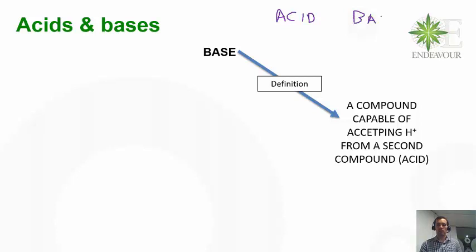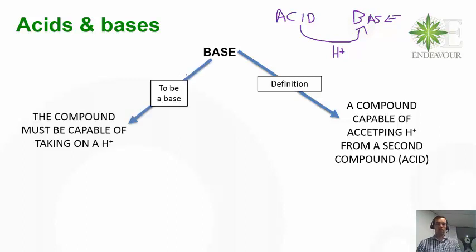One is going to be an acid and one is going to be a base, and the H plus will actually be moved off the acid and moved onto the base. So it's similar to what we saw in the redox reactions, where we had one component being oxidized and one being reduced. In that case, the hydrogen was being moved off the oxidized component and moved on to the reduced component. In this case, the movement is from the acid to the base, and what's being moved is the H+ ion.